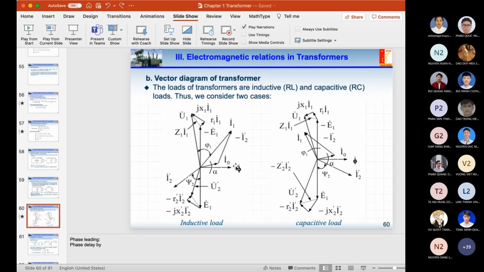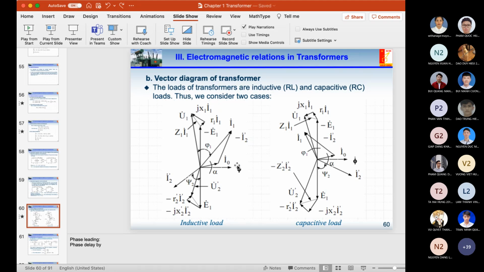The magnetic field is due to the current flowing in the magnetic circuit, which means the magnetic flux denoted by phi is phase delayed from I0 by the angle alpha here.